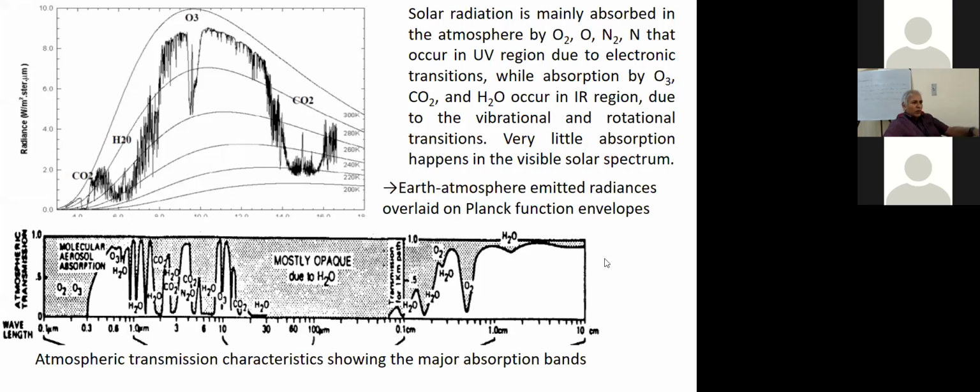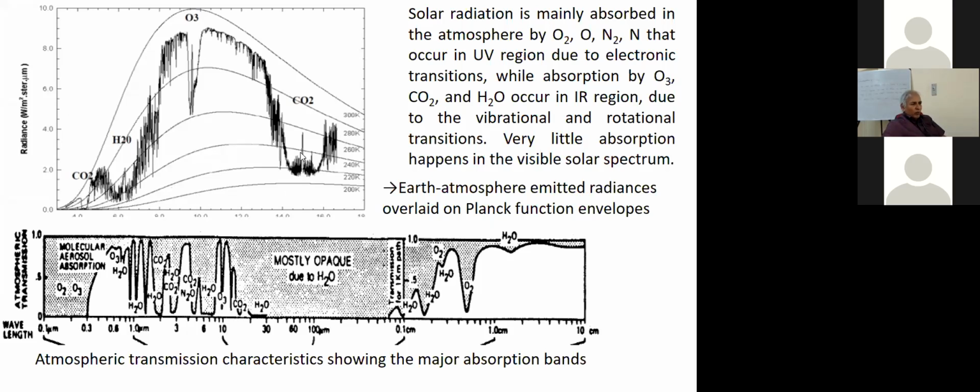So this is what you can see: the Earth atmospheric emitted radiance overlaid on the Planck function. You can see here at 9.6 micrometer in the infrared part of the spectrum, you have absorption by ozone. At 6.3 micrometer you have absorption by water vapor.